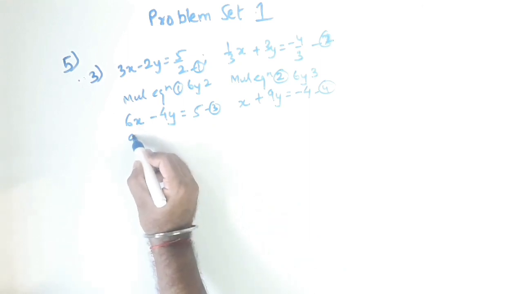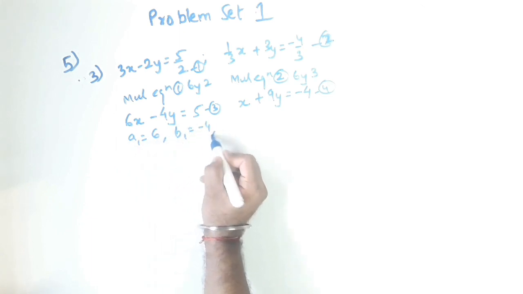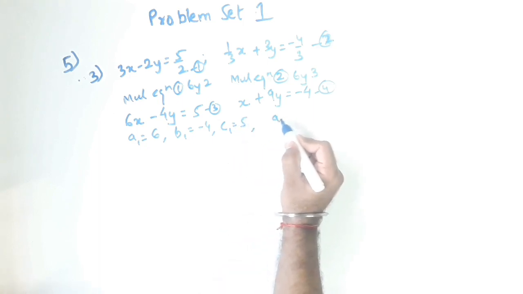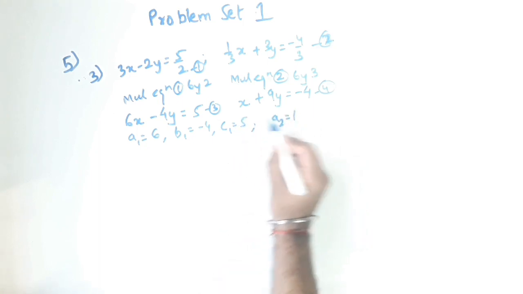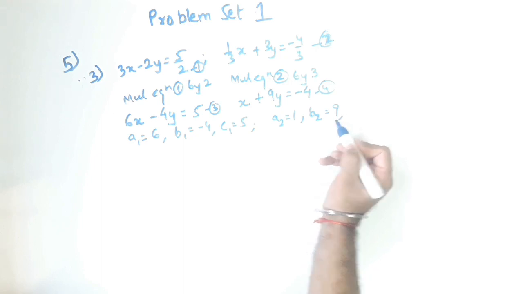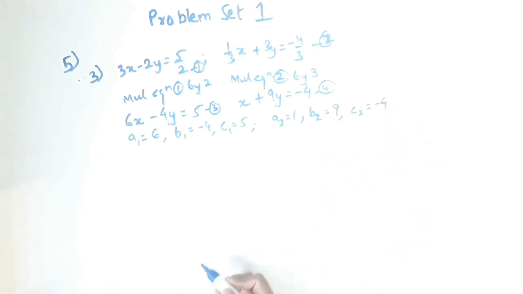Let us write now a1. a1 is 6, b1 is minus 4, c1 is 5, a2 is 1, b2 is 9, and c2 is minus 4.